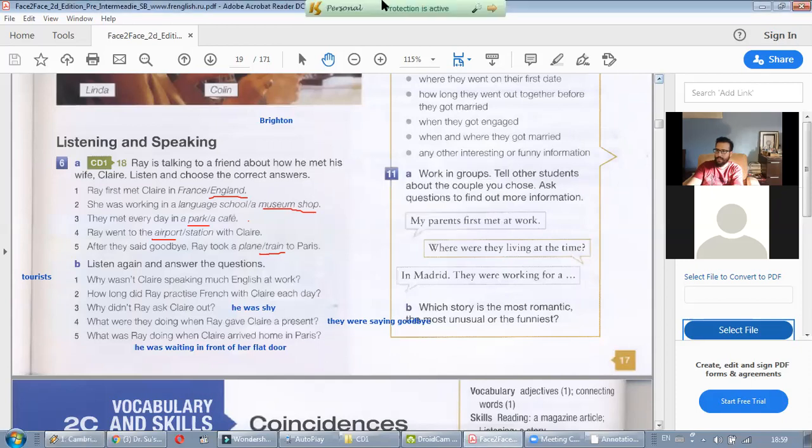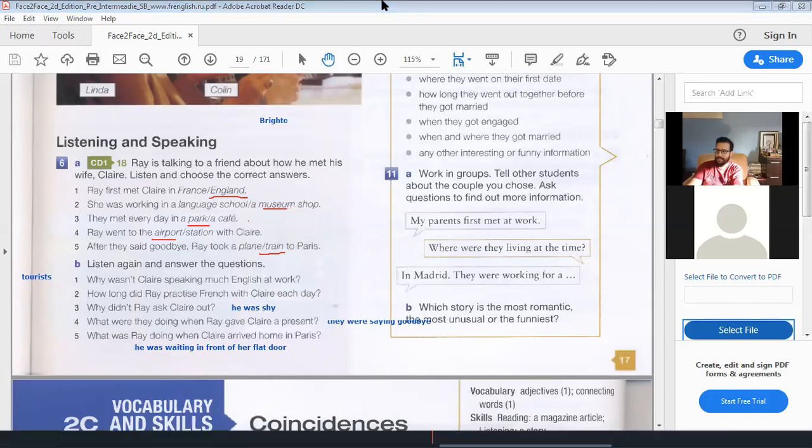Okay, so let's check the rest of the exercises. Pardon? Sorry? What's the key to catch listening? There is no key. It's just normal ability, I think.